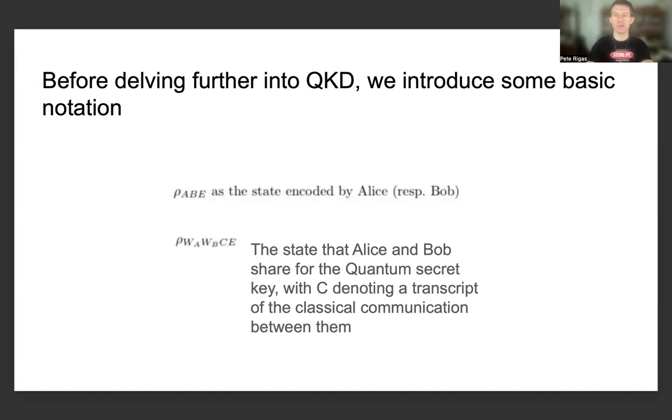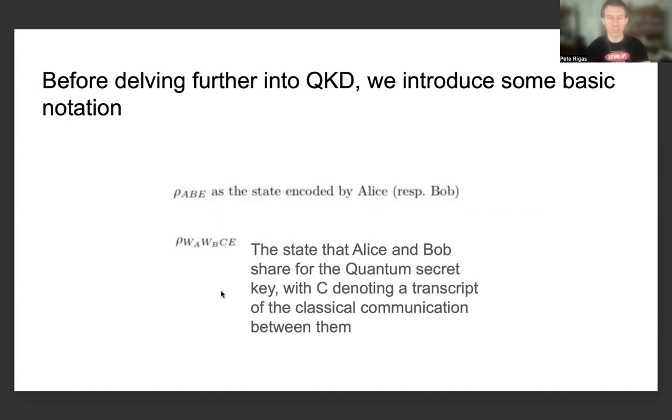But before further delving into QKD, we introduced some basic notation which the viewer can recall, which was to say that rho of ABE is the state encoded by Alice with respect to Bob, which is the n-qubit state that's initially transmitted to them by Eve at the beginning of the two universal QKD hashing protocol.